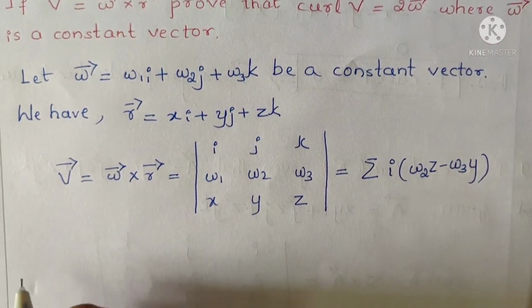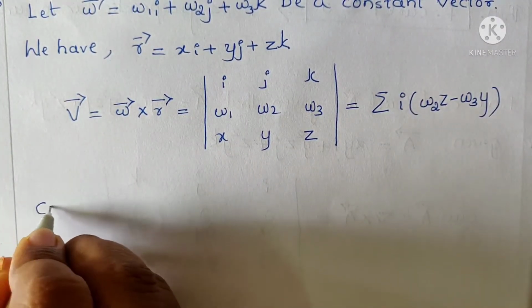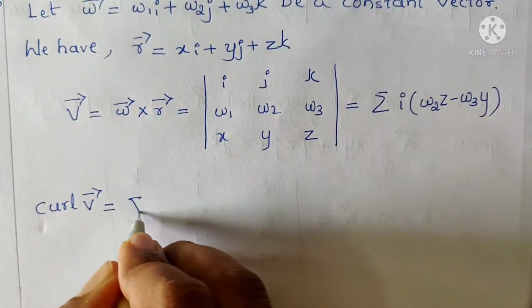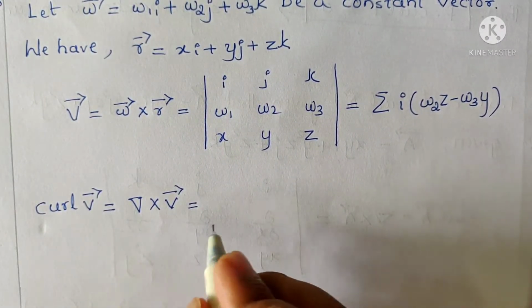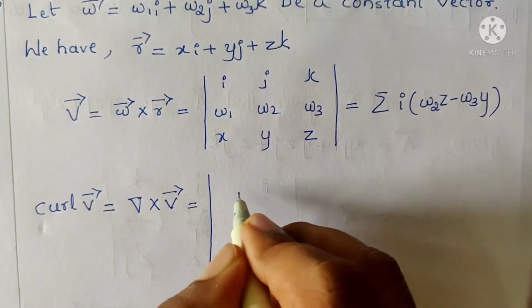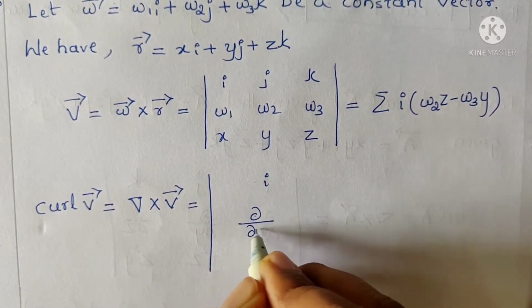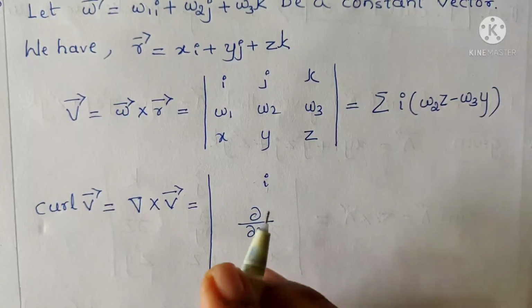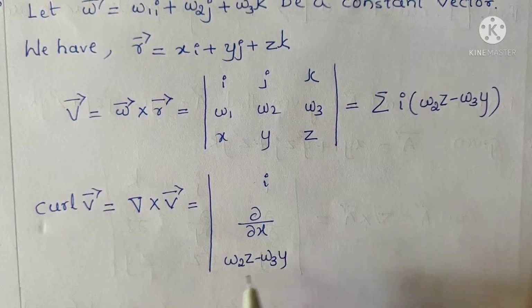So next, curl of vector v. So we found vector v. Now, curl of vector v is what? Del cross vector v. So del cross vector v is again a determinant. The coefficient of i is dou by dou x, and here the coefficient of vector v, the i coefficient, is w2z minus w3y.